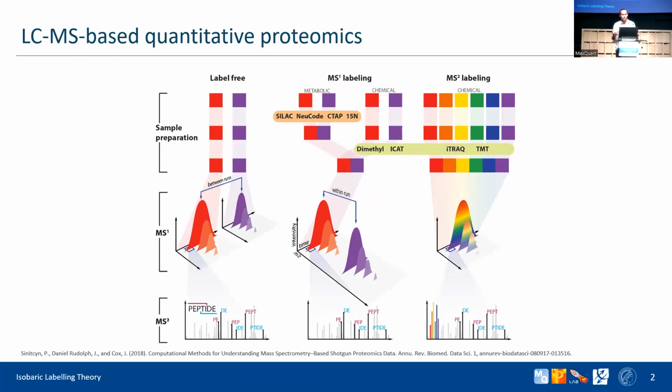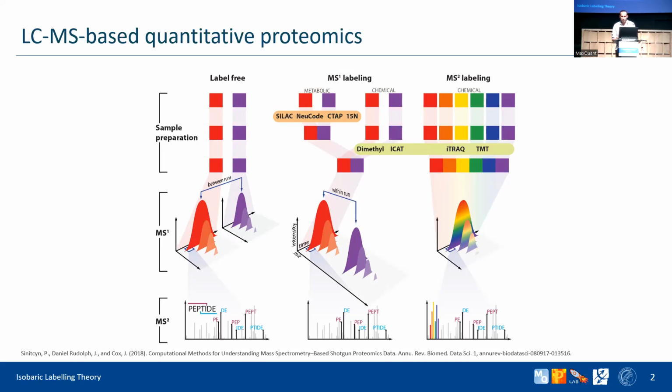If you do MS1 labeling, for example, with SILAC, the files that we had before, you can have up to 3 channels in which you can combine 3 different conditions in one run, and instead of 3 runs, do only 1 and analyze everything again in MaxQuant.